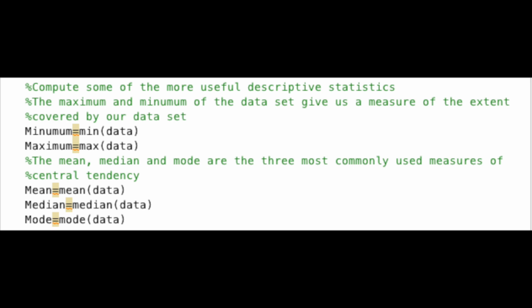We can compute the mean, the median, and the mode of our data set with the mean, median, and mode functions. For each of these computations, we've created a new variable, capital Minimum, Maximum, Mean, Median, and Mode, to capture the values computed by these functions.